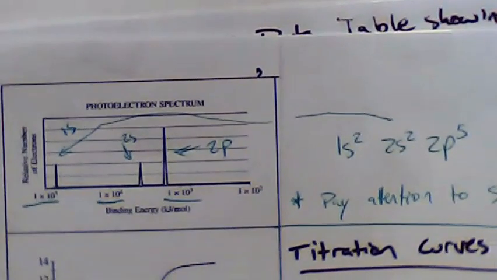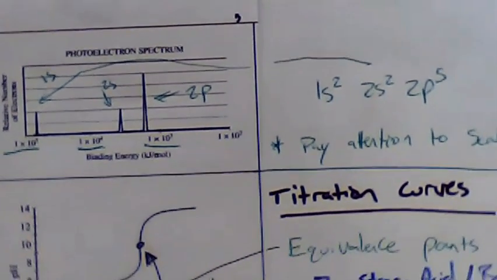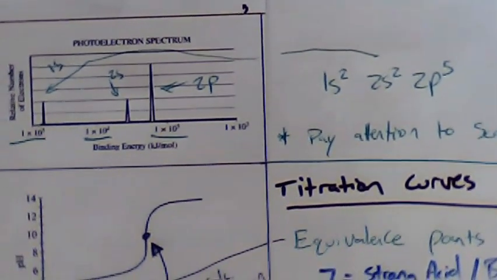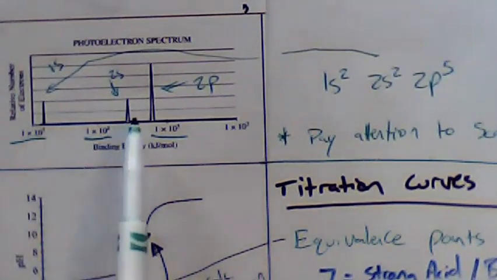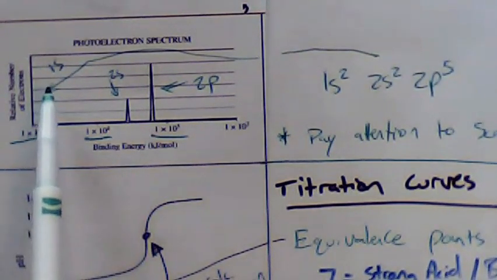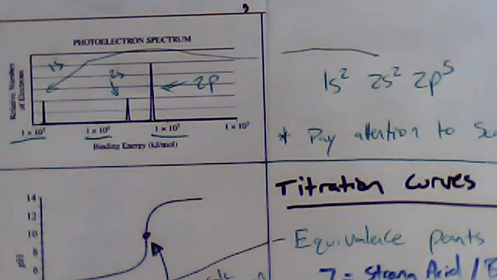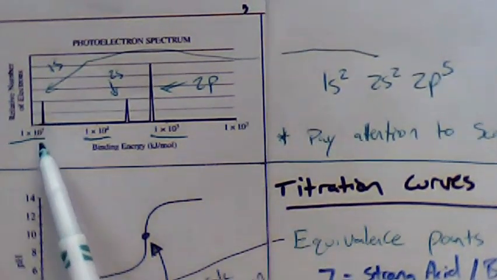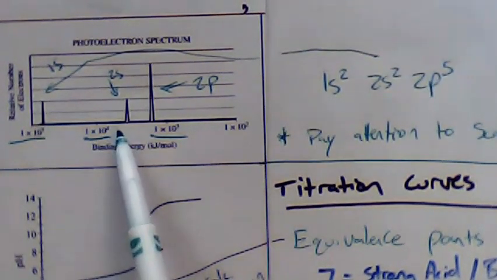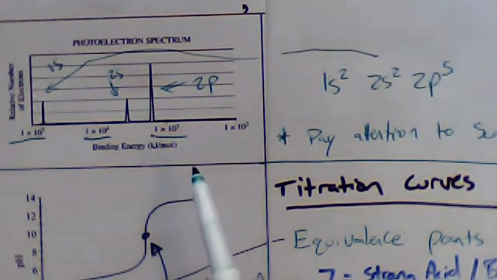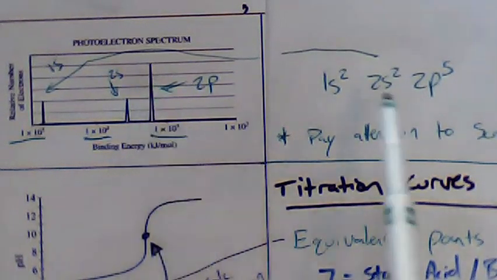There was another one, that one kind of rolls forward. This is also a PES diagram, just a different way of looking at that. Each peak represents something, right? Based on the photoelectron spectrum, you should be able to figure out what element you have. So this is a 1s2, 2s2, 2p5, right?